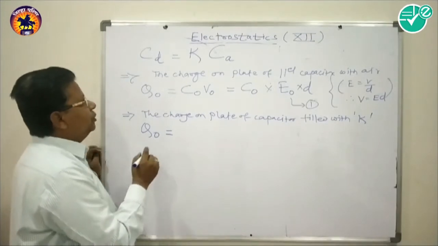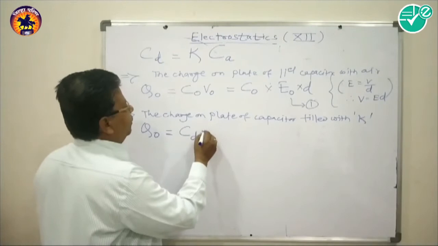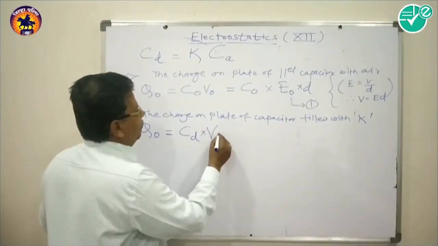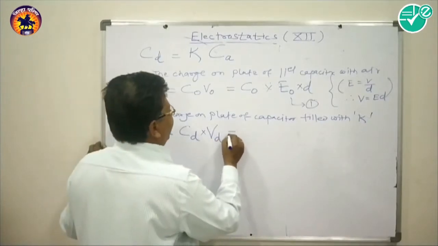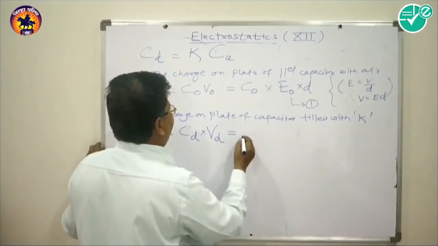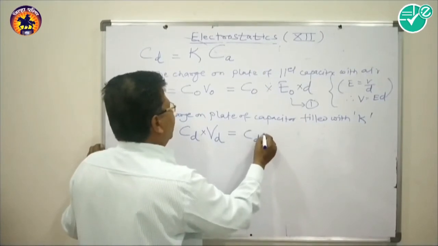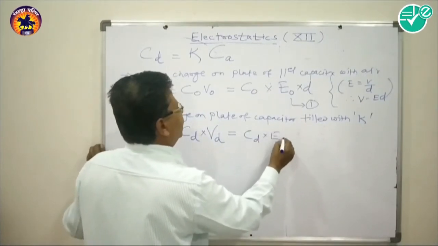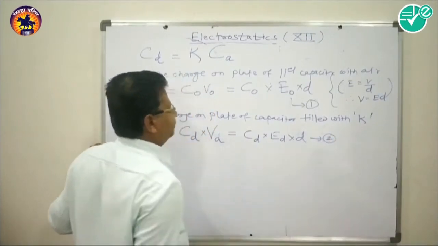But Q0 is equal to the capacity with dielectric multiplied by the electric potential due to dielectric. Again, in a similar manner, we write as per equation number 1, CD into ED into small d. Suppose this is equation number 2.